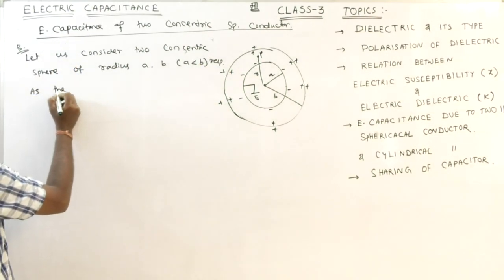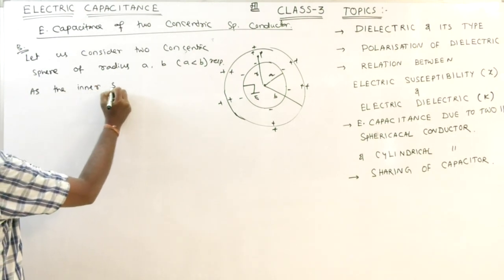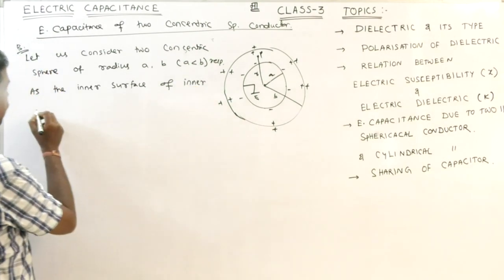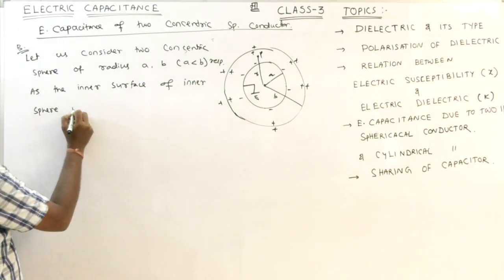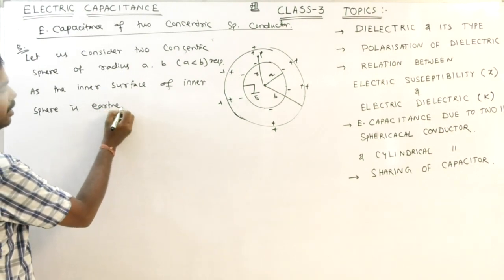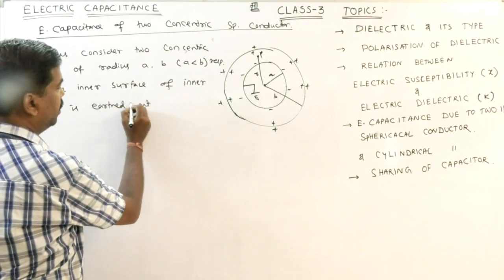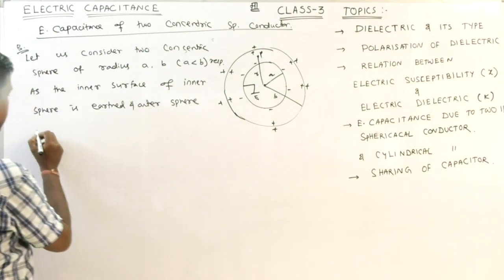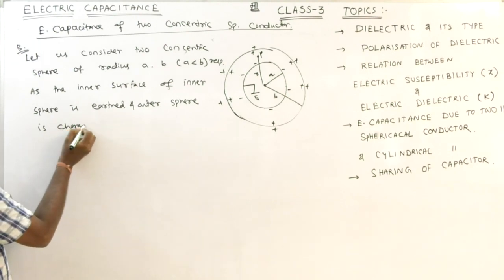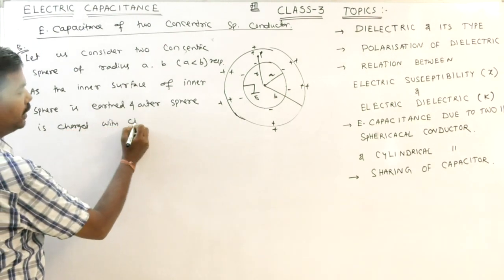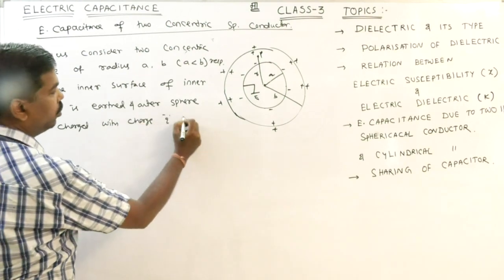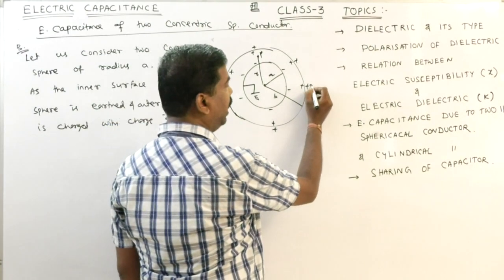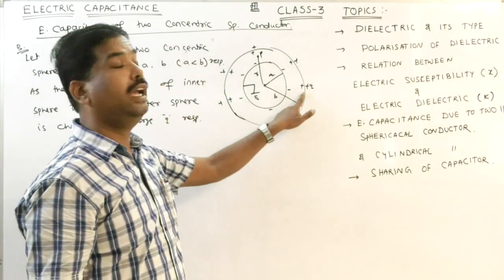As the inner sphere is earthed and the outer sphere is charged with the charge Q respectively, it means the Q charge is distributed over the outer sphere, while as it is positive, the near end of the inner sphere behaves as if induced negative charge.